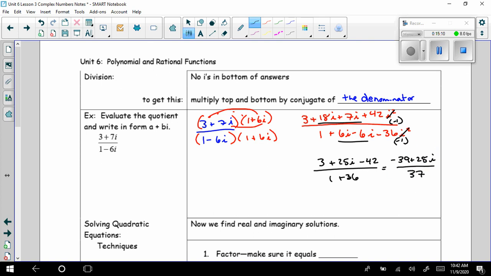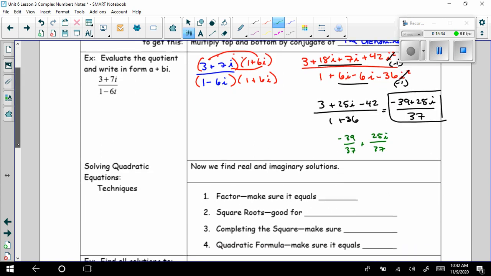If those all reduce, we would then reduce them. These do not, and so that's our final answer. Keep in mind, you could also split this up into real terms, so negative 39 over 37, and imaginary terms. This step is not required, but they do mean the same thing, so just be aware of that.